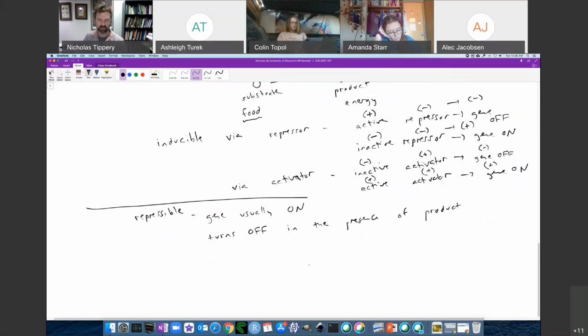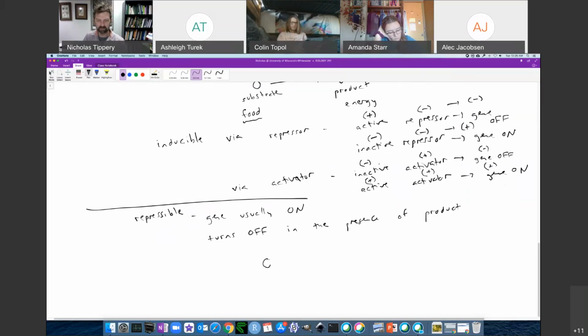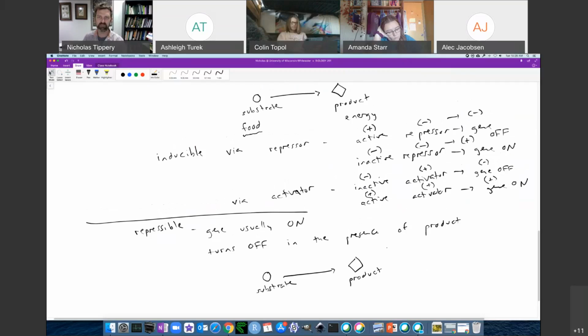Again, this is the product of the reaction enabled by the enzyme. And in our simplified examples, previously we looked at the substrate as a food item that needs to be broken down.